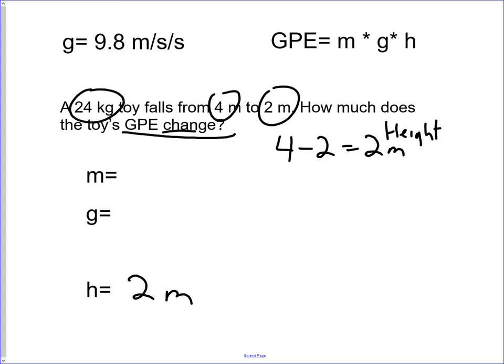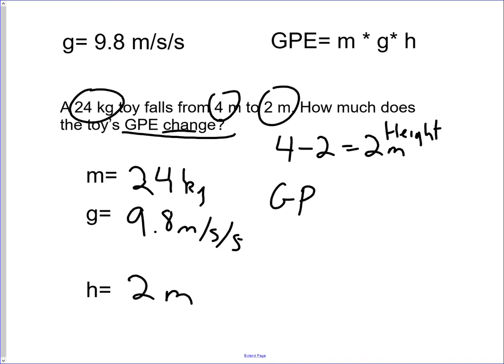A 24 kilogram toy is my mass, so I put 24 kg, and again my gravity is 9.8 meters per second, right? It always deals with Earth, so it'll always be 9.8 meters per second. Then we'll plug it in. So GPE equals m times g times h.